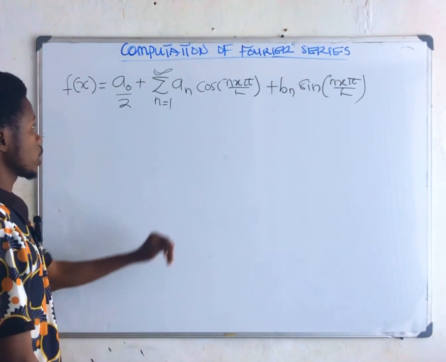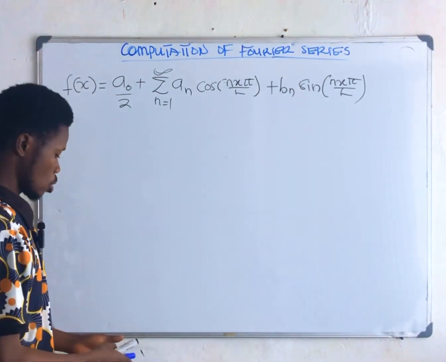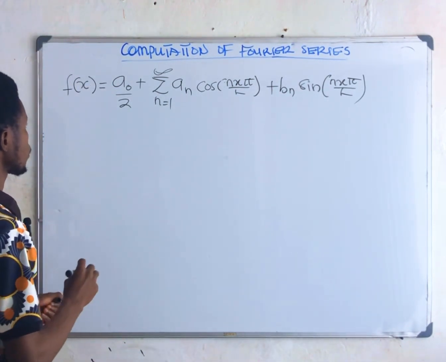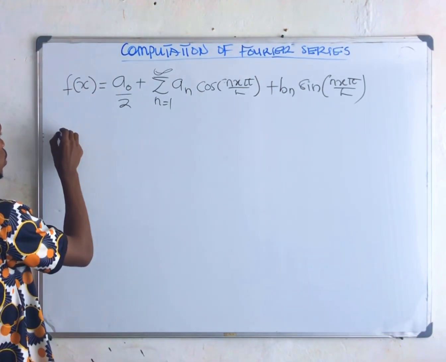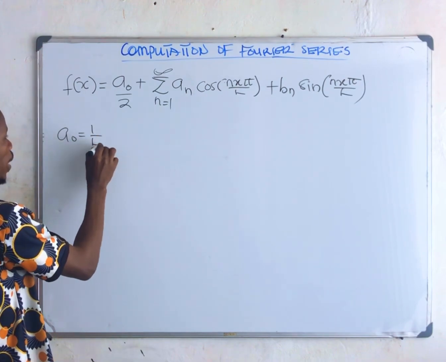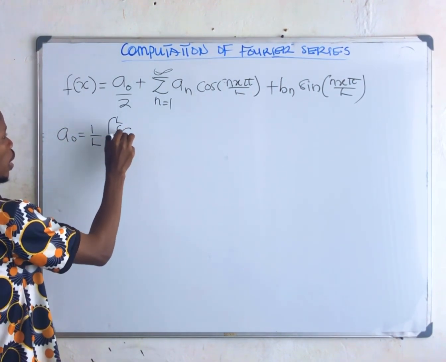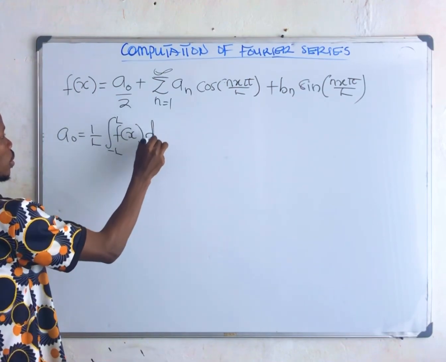Now I realize that the an consists of the cos, the bn consists of what? Sine. So for the a naught, if you want to integrate it, it's always 1 over l, the integral of negative l to l of f at x dx.